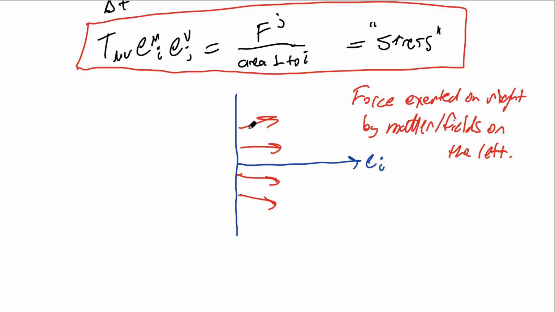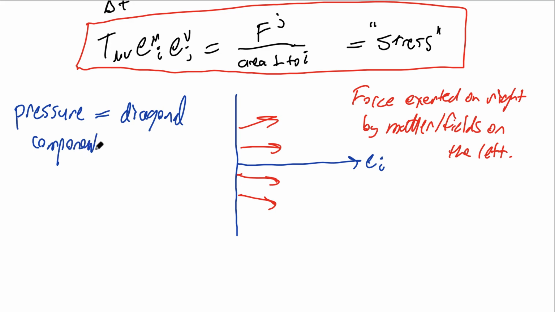By the way, the component of the force that's in the same direction as the perpendicular to the surface is referred to as a pressure. So pressure is the name given to the diagonal components of the stress. And the off-diagonal components are referred to as shear stresses.